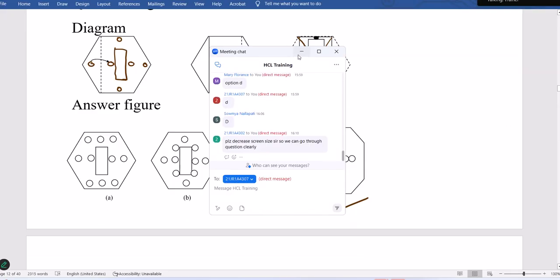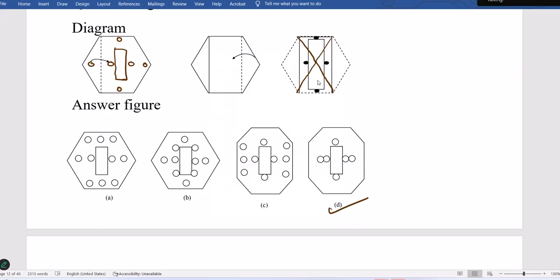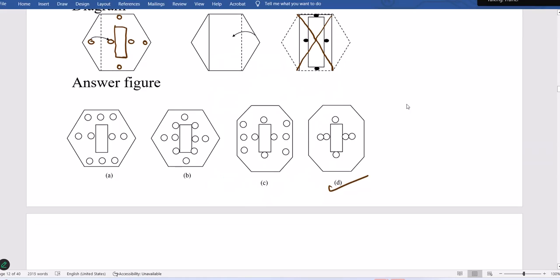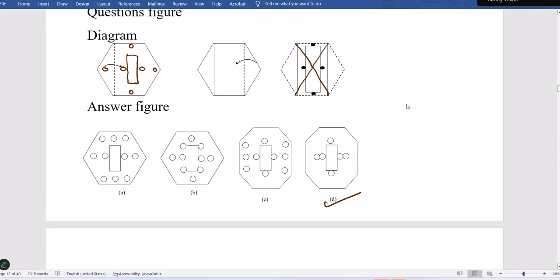Option A, no. No for option A. Yeah, screen size is decreased. Fine. So option D is perfectly suitable here. Okay, not A, D, D.